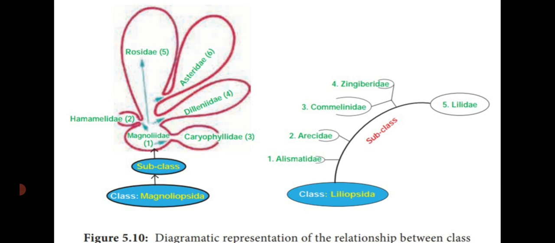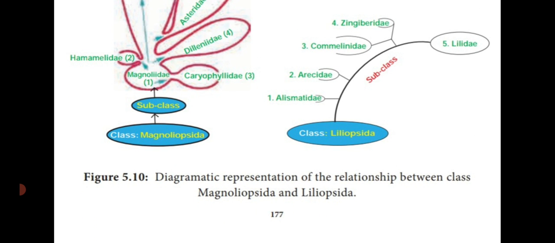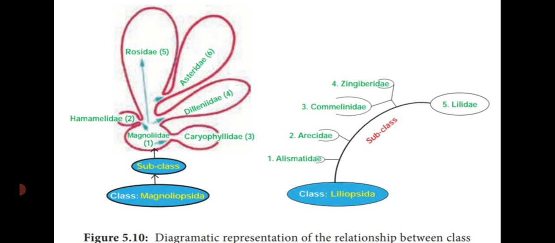Liliopsida consists of 5 subclasses and Magnoliopsida is divided into 6 subclasses. This is the diagrammatic representation of the classes Magnoliopsida and Liliopsida based on the classification of Cronquist. It is an important 2-mark question.